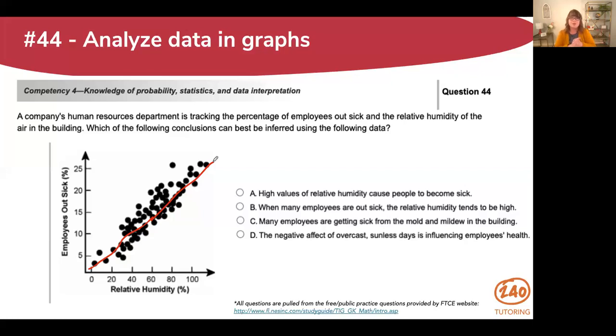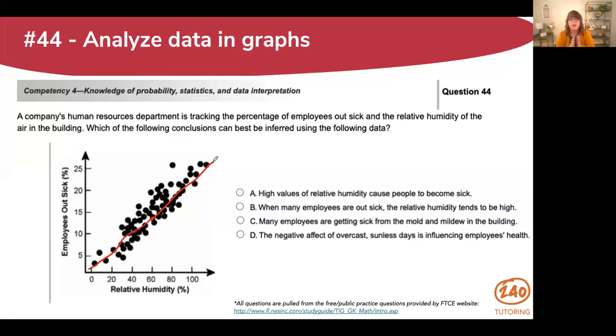Now, here's the thing you need to know to answer this question, and it's a common mistake. If you've ever taken a statistics class or a research class, it's preached heavily in research. This is a phrase you will hear often: correlation does not imply causation. So just because two data points correlate does not mean that one caused the other, okay?